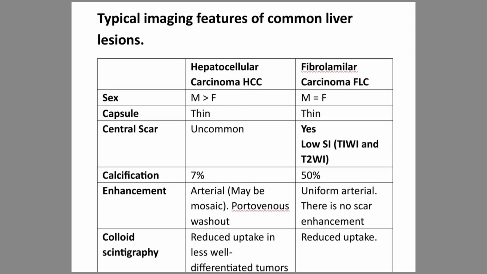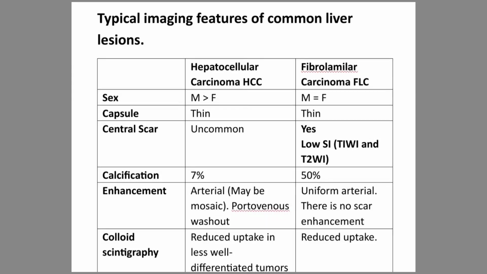calcification can be seen. Contrast enhancement can be seen in hepatocellular carcinoma, especially arterial, and it may appear as a mosaic pattern, especially with portovenous washout, while in fibrolamellar carcinoma there will be uniform arterial enhancement and there is no scar enhancement on the contrast imaging, while you can appreciate this central scarring only on the MRI, and that would be low, especially on the T1 weighted images and on T2 weighted images.